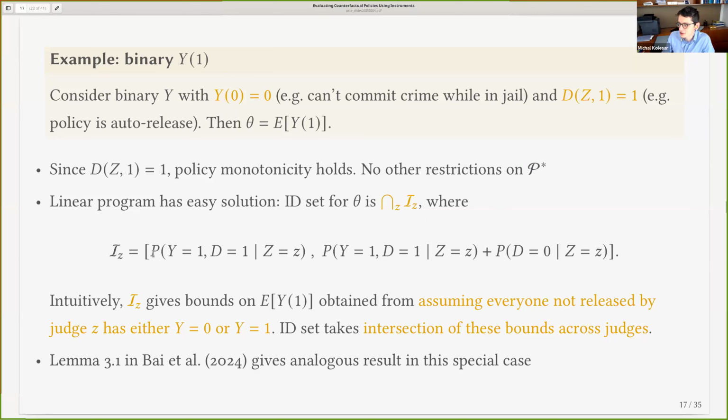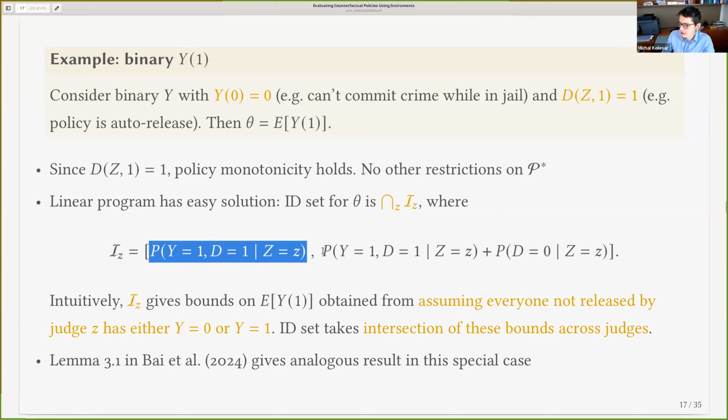The identified set looks at each judge and asks, what's the lower bound? I'm interested in the average value of y1. So that average value has to be bigger than the probability that I commit crime and am released if I'm assigned to a particular judge.